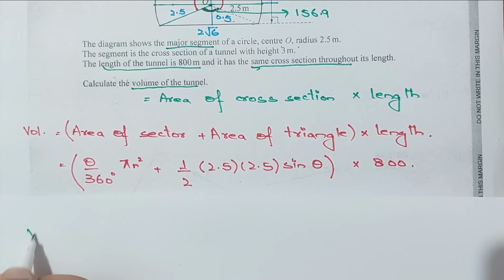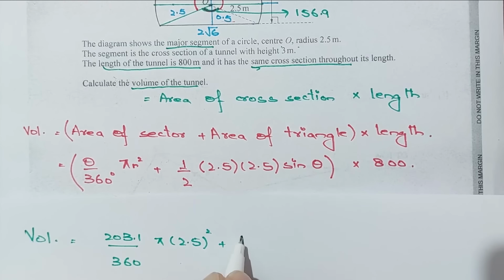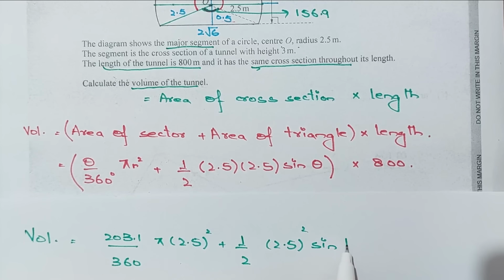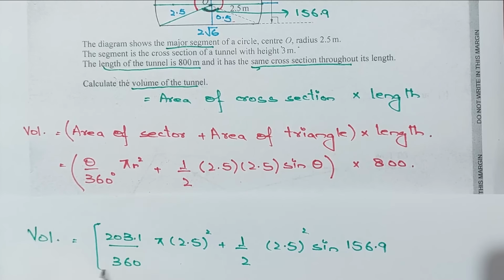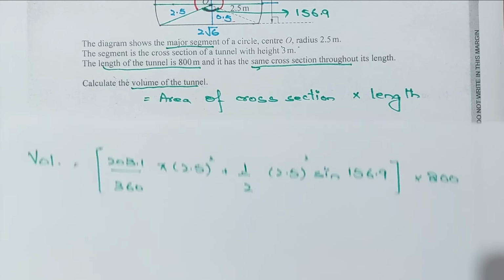Let's work on the volume. The volume equals 203.1 over 360 times pi times 2.5 squared, plus half times 2.5 squared times the sine of the angle between them, 156.9, and this is multiplied by the length, which is 800.